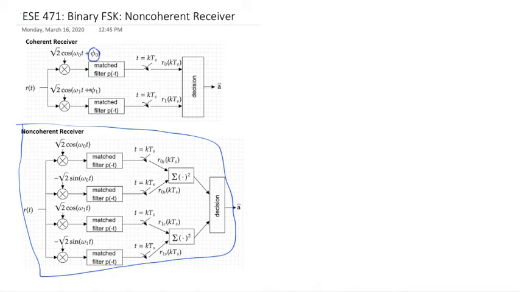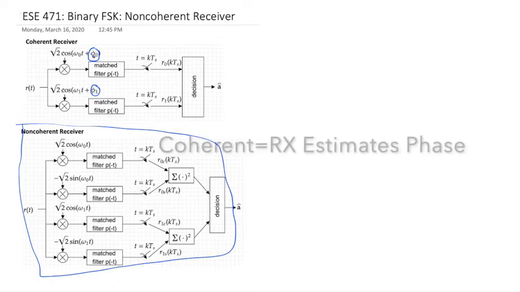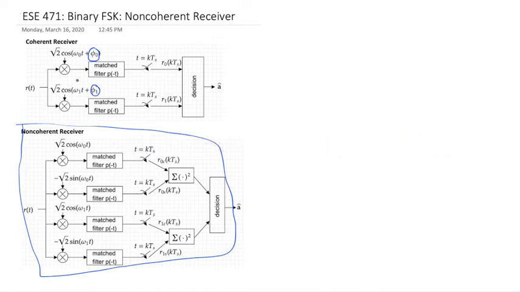This phase of the received signal, when I send a cosine at omega naught t, and when I send a cosine at omega 1 t, is unknown. And so when you build a coherent receiver, you need a way to estimate this phase for each frequency in the FSK system.